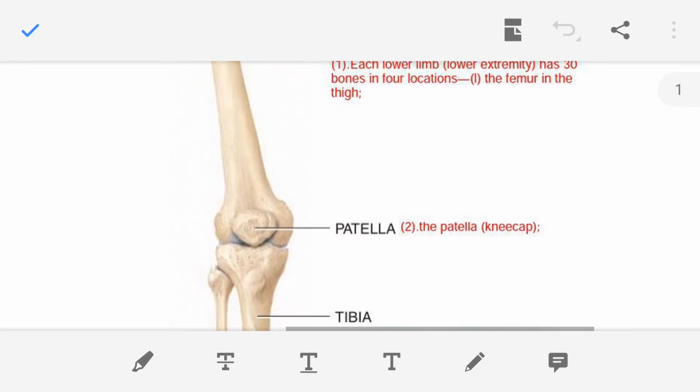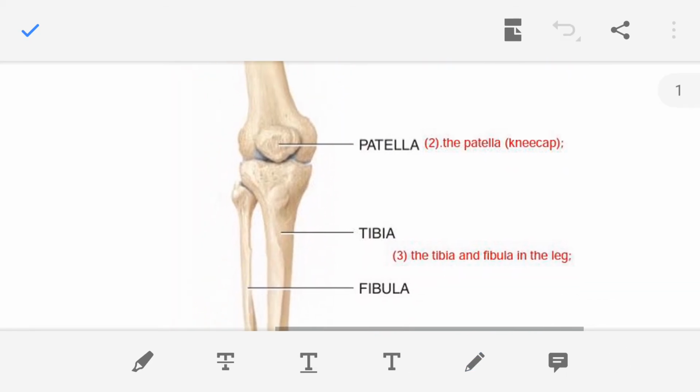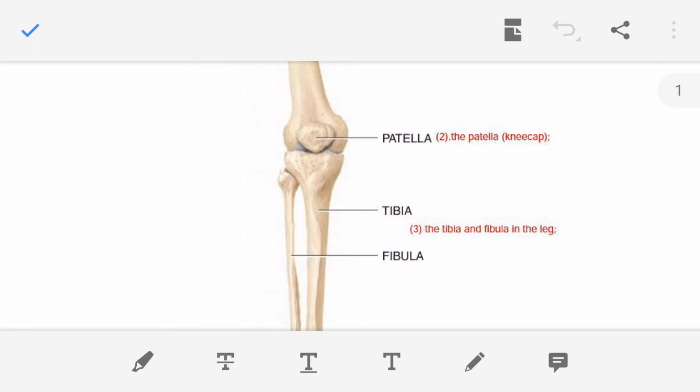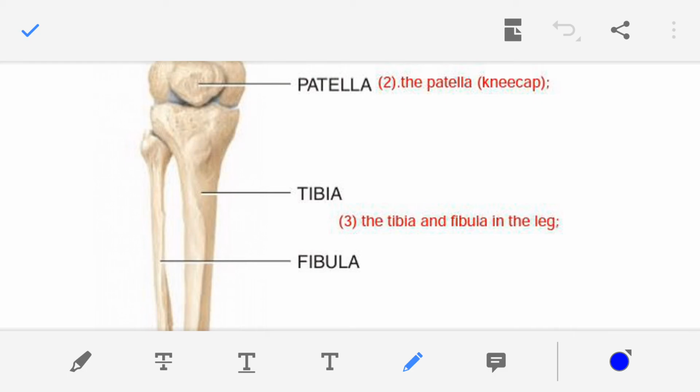Then there is one tela, and it is present at our knee joint. Then in our leg, two bones are there, tibia and fibula. This one is the tibia, this one is the fibula.